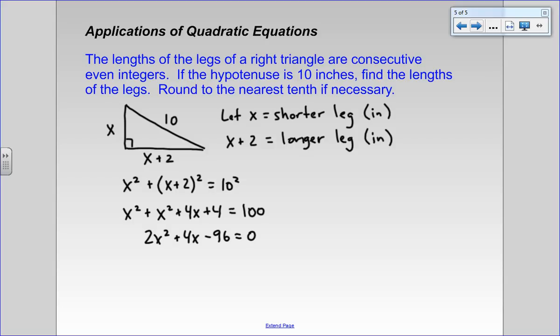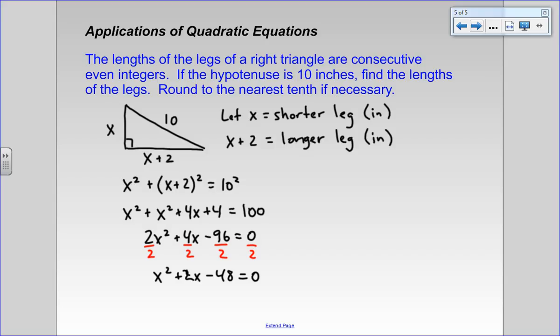We can write a slightly simpler version of this equation by dividing both sides of the equation by 2, since all the terms are even. So now we have x squared plus 2x minus 48 equals 0.